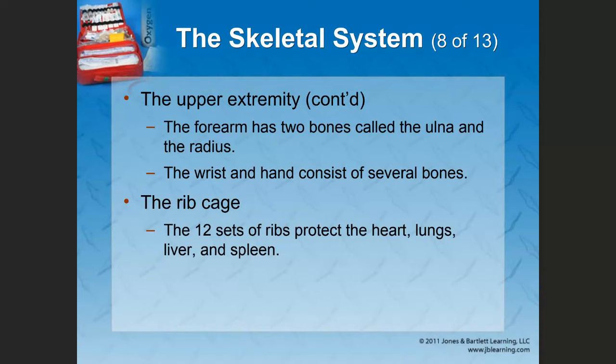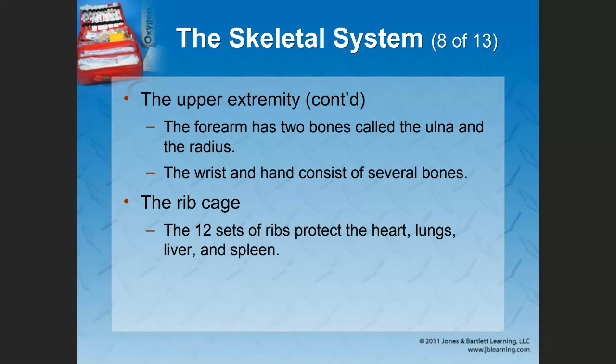The radius is in line with the thumb. The ulna is in line with the little finger. So the wrist and the hand consist of several bones. We're not going to go down into each bone and be too specific with the bones of the hands. That's not required for this course.